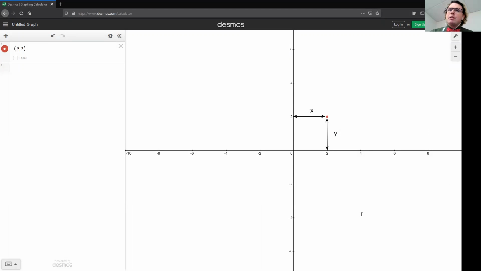We're going to look at a different way to describe points, and this will let us graph different kinds of functions. So how else could I describe this kind of point? Well, in polar coordinates, there's only really one special point, and that's the origin.